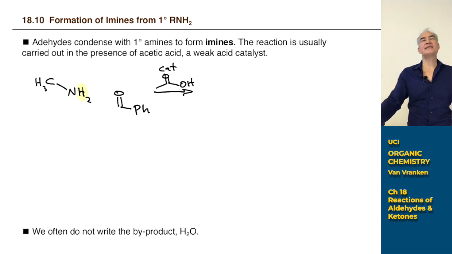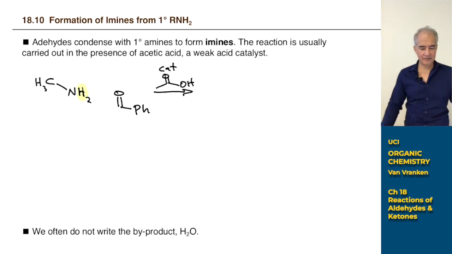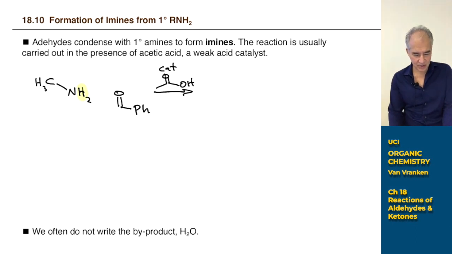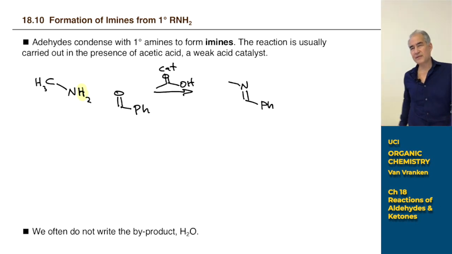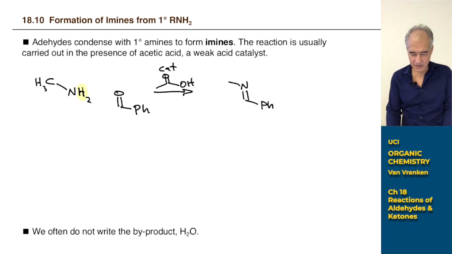We need a weak acid here, not a powerful mineral acid like sulfuric acid. We don't want to protonate the amine. We just want to catalyze the reaction, which goes through a complex mechanism. And the product of this reaction has, where you used to have an aldehyde carbonyl or a ketone carbonyl, we now have a CN double bond.